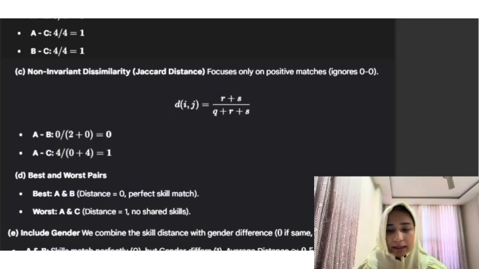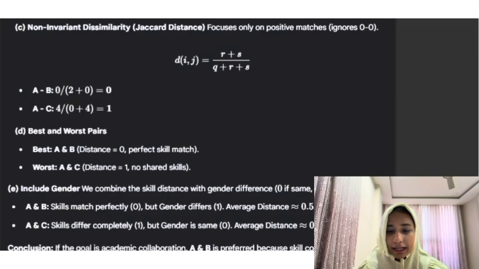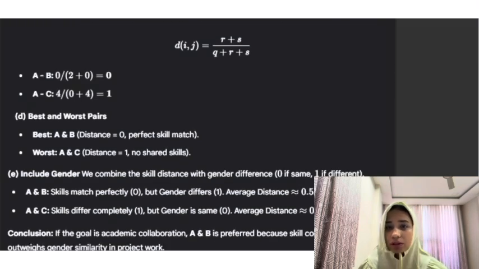So D of I comma J equal to R plus S upon Q plus R plus S. So in A minus B, it was 0 divided by 2 plus 0. So it is 0. And A minus C 4 divided by 0 plus 4, which is 4 by 4 equal to 1. So this is non-invariant dissimilarity.